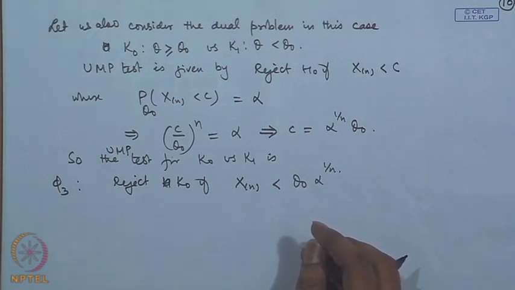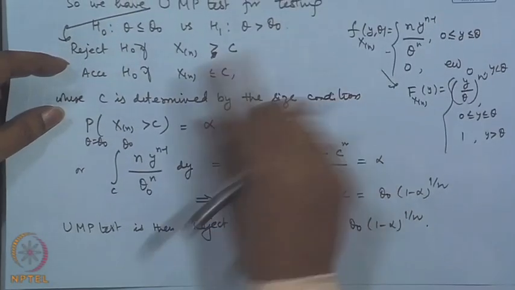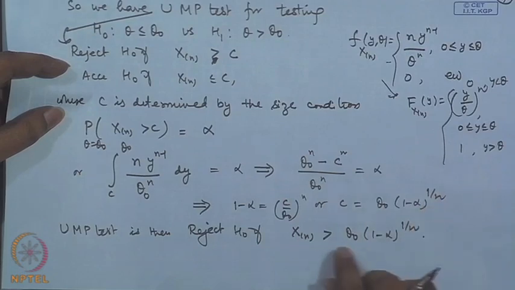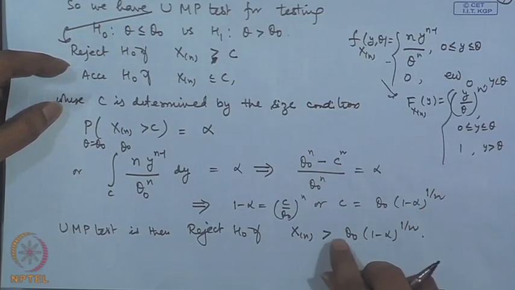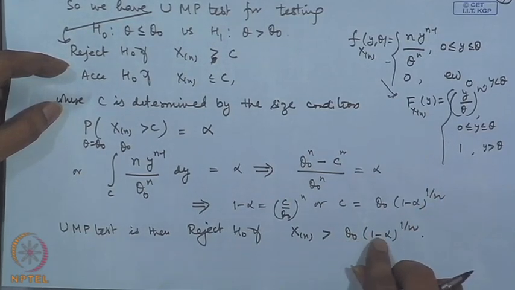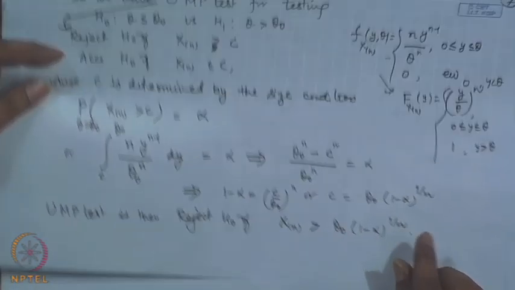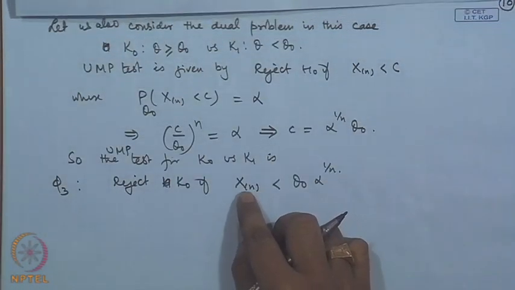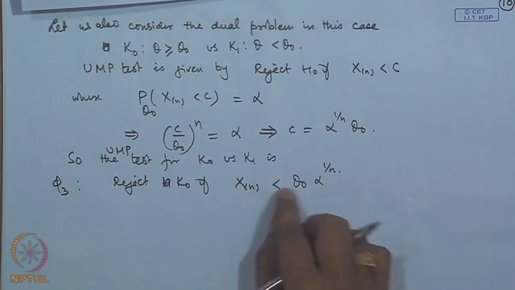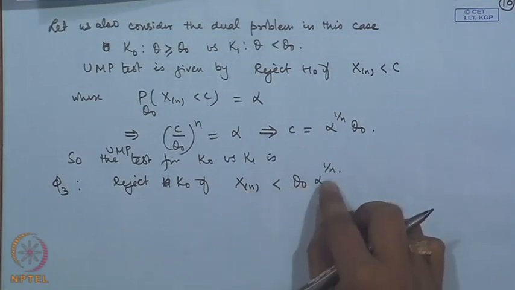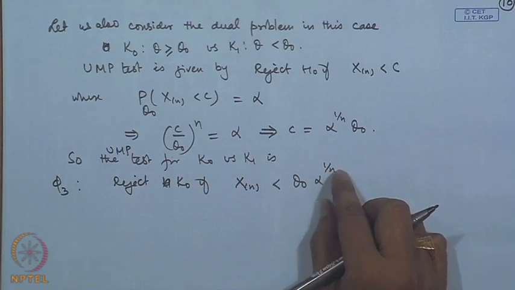Compare it with the test that we derived for the dual problem, that is h naught versus h 1. Here it was x n greater than theta naught into 1 minus alpha to the power 1 by n, and here it is reject k naught if x n is less than theta naught into alpha to the power 1 by n.